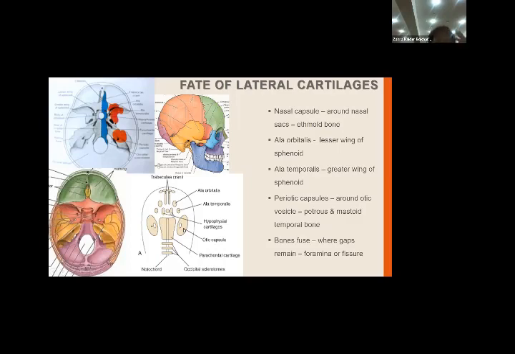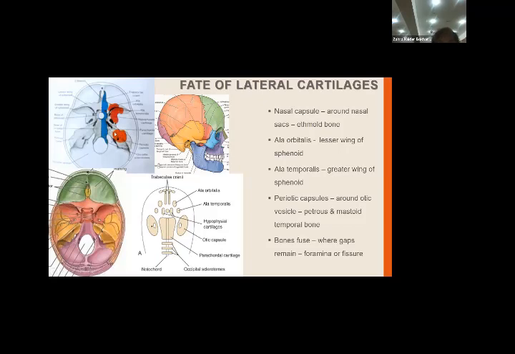Periotic capsules का मतलब है कि otic is anything to do with the ears. ठीक है. So otic capsule develops around the ear, developing ear, otic vesicle ear, and that develops into the petrous part of temporal bone, yeah, and this mastoid part, ये mastoid process है. So the periotic capsule, that means this cartilage. दूसरे लफ्जों में this cartilage, this periotic, ये petrous temporal bone है, ये सारी, ठीक है.